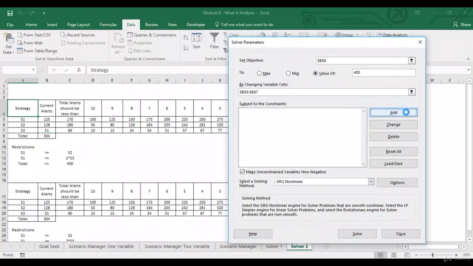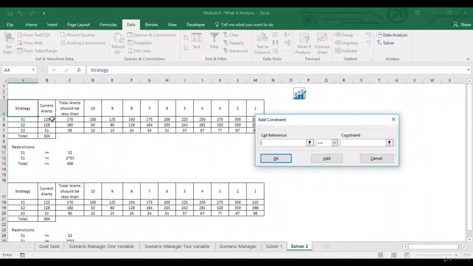So the first constraint is this should be less than or equal to 170, add. This should be less than or equal to 180, add. This should be less than 90, add.